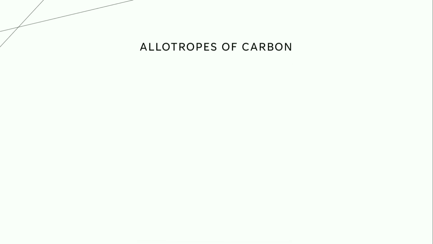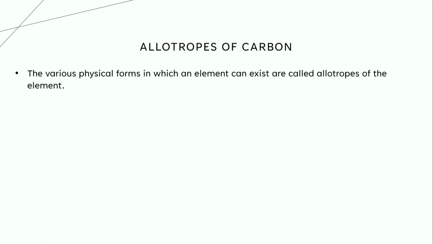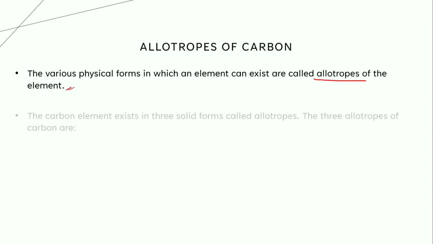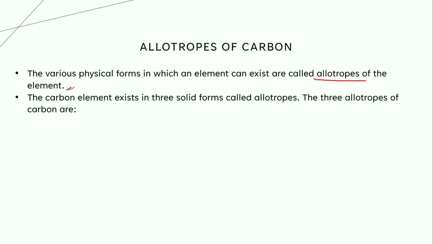Next, allotropes of carbon. The various physical forms in which an element can exist are called allotropes of the element. The carbon element exists in three solid forms called allotropes.